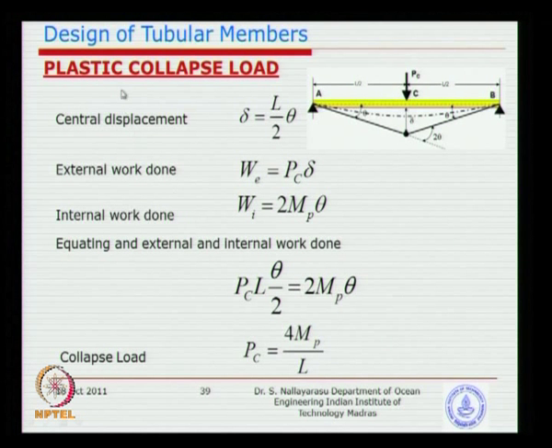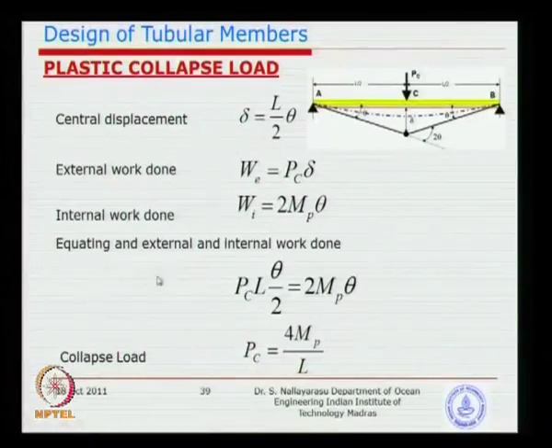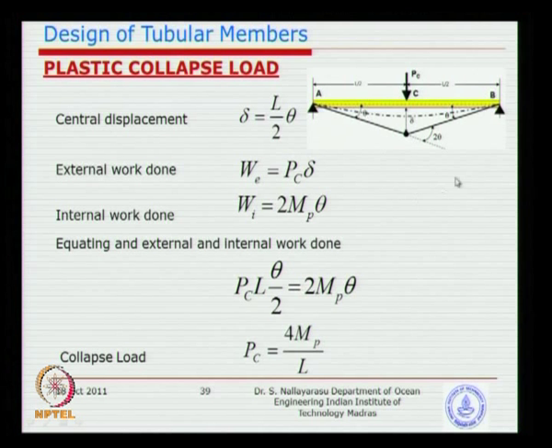Now the external work done at the time of collapse is Pc times delta. Most of you remember your physics: work done is force multiplied by the distance moved. So Pc times delta, and the internal work done is the rotation of the beam at the center multiplied by the capacity of the section, which is the moment capacity.